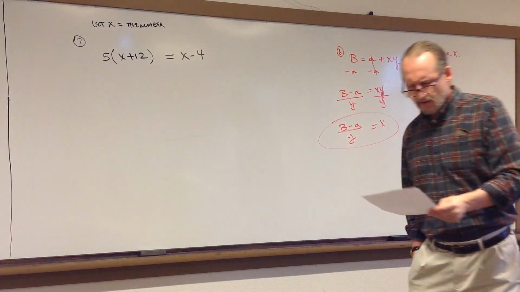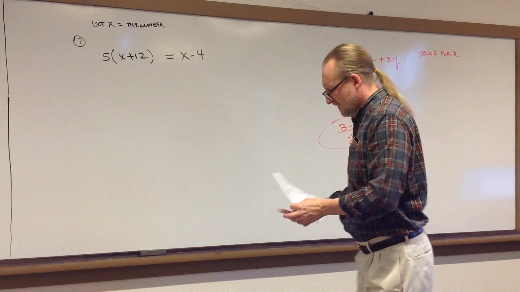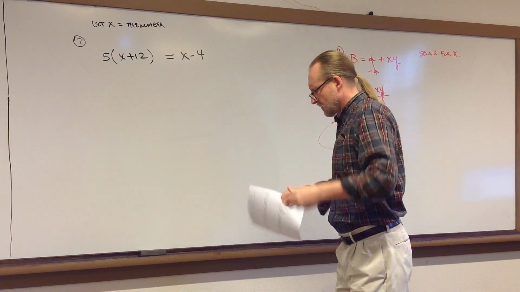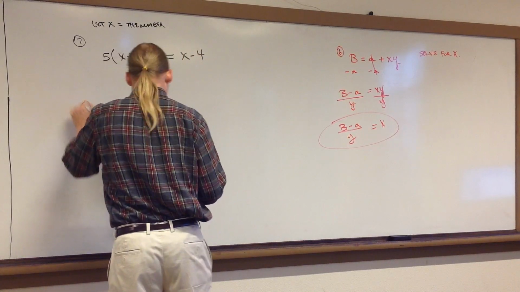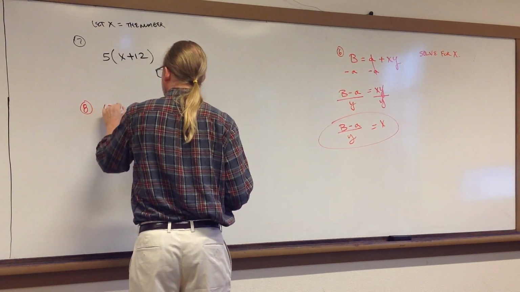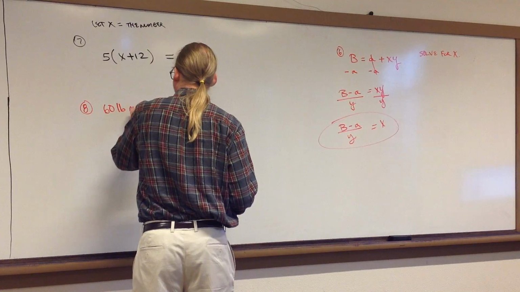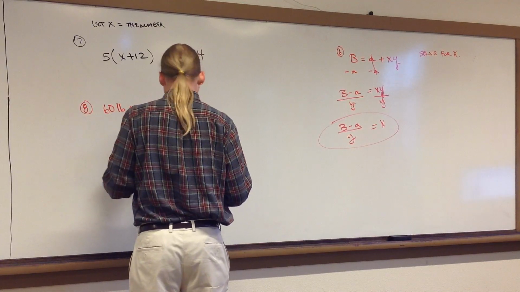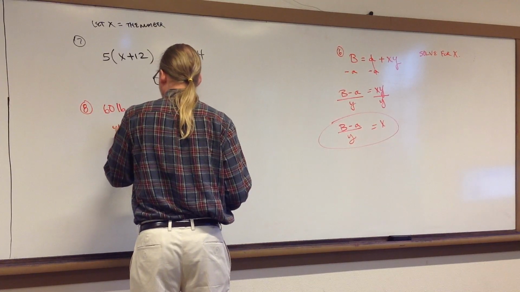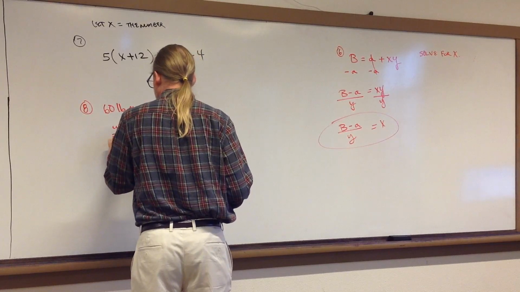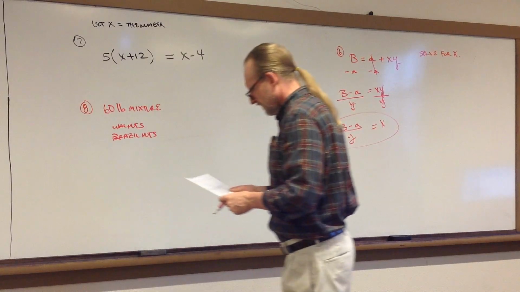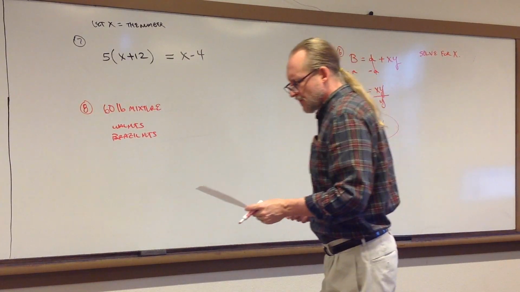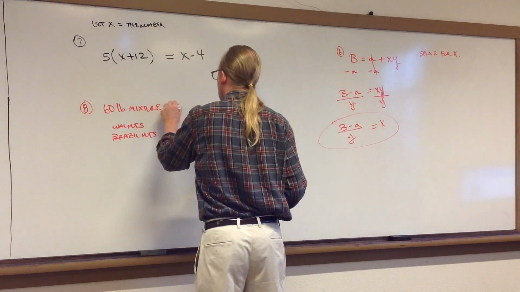Okay. Problem 8 is one of these mixture problems. Let's see, a grocer wants to make a 60-pound mixture involving walnuts and Brazil nuts, and wants to sell that mixture for $5.99 a pound.